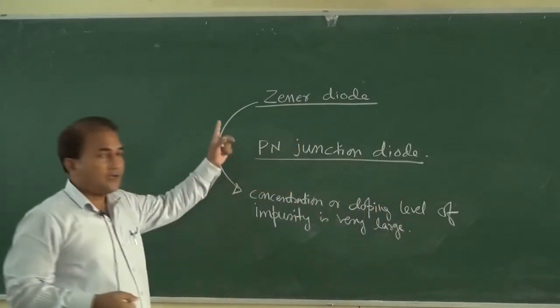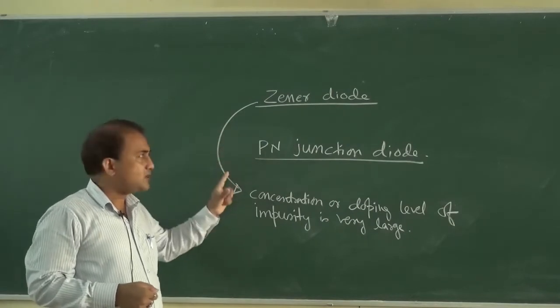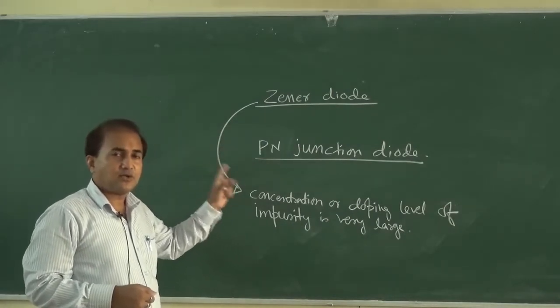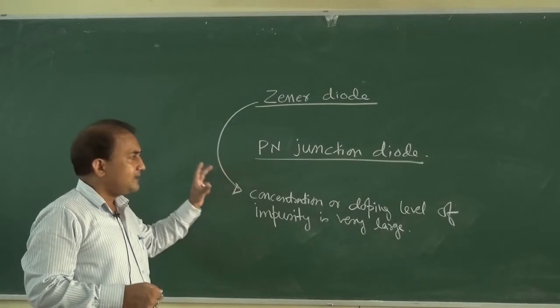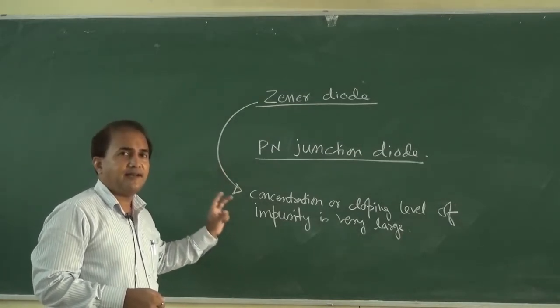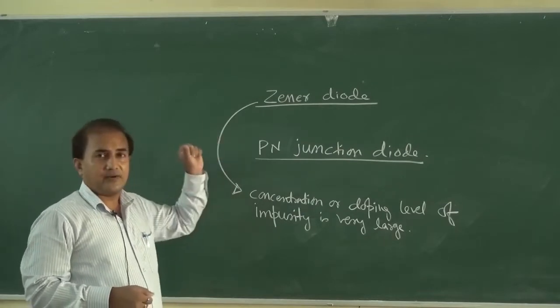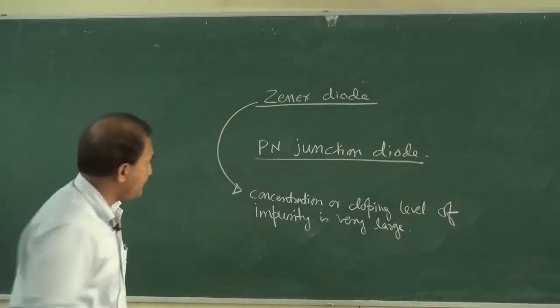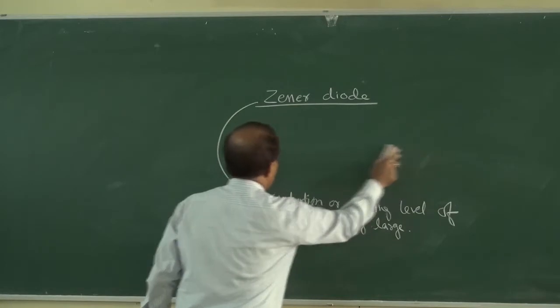A Zener diode is also a PN junction diode, also a crystal diode, but the concentration or doping level of the impurity is very high in the case of Zener diode. So this is a special purpose diode.